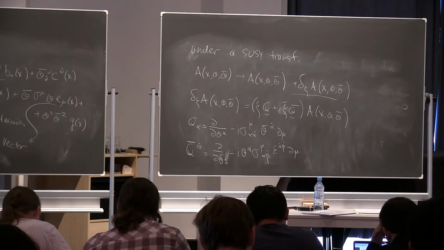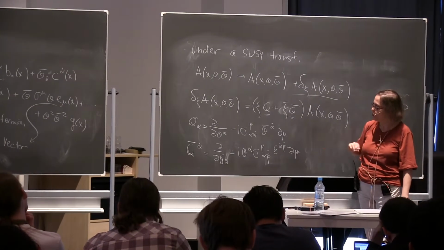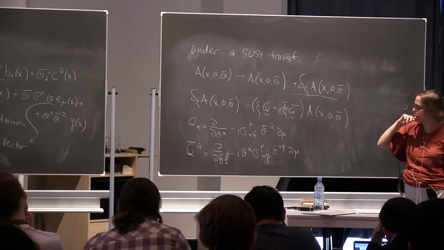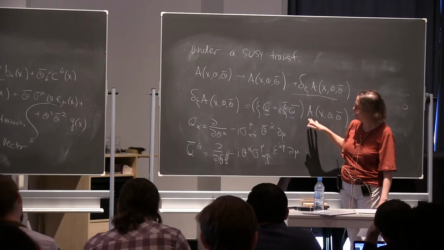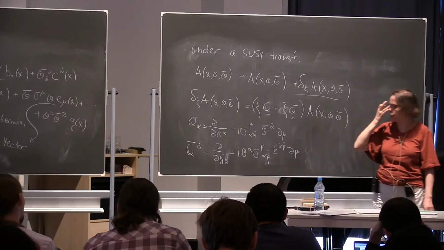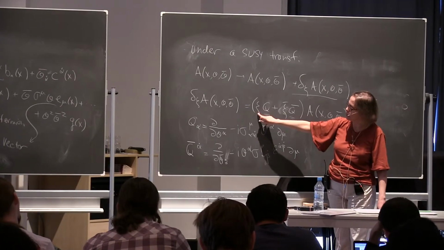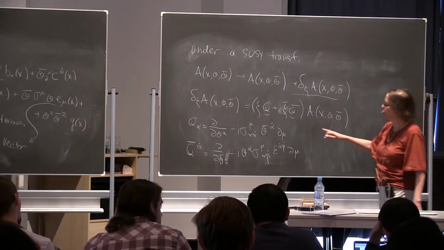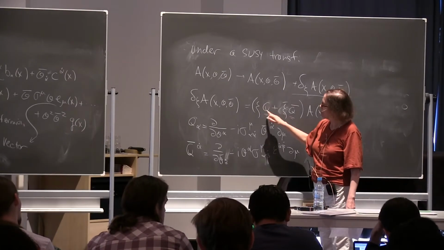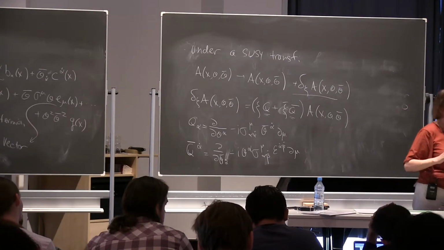Okay, so I define here Q alpha and Q bar alpha dot, and basically this tells you how the superfield transforms under a supersymmetry transformation. So this xi is just the parameter of the SUSY transformation, which is a spinor, and we dot it with a Q, and this is the transformation of the full superfield.